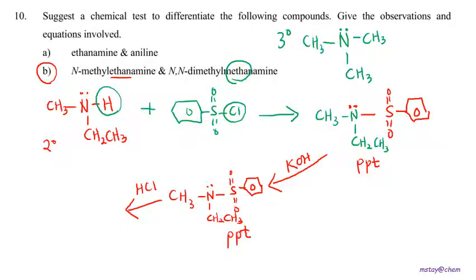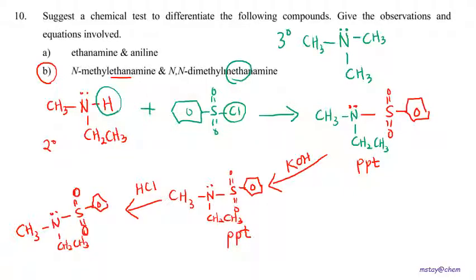The HCl also will not react with this precipitate, the insoluble salt. That's why the structure will remain the same: nitrogen with lone pair, CH2CH3, and then the sulfonyl group, with this oxygen and this one also oxygen.